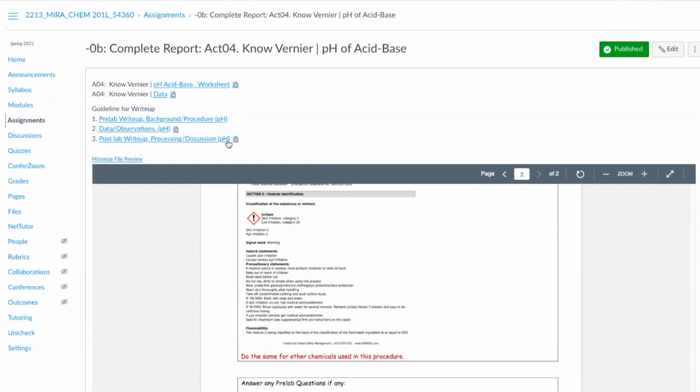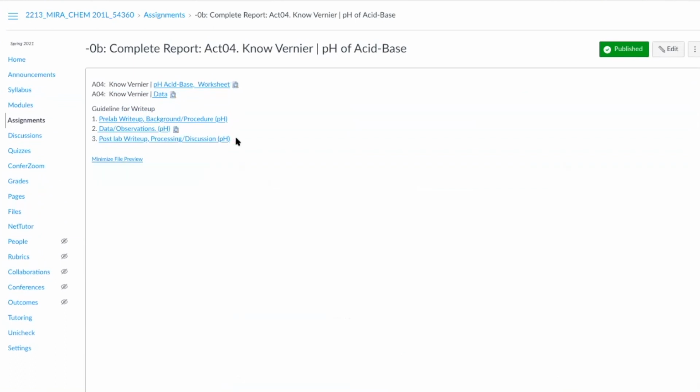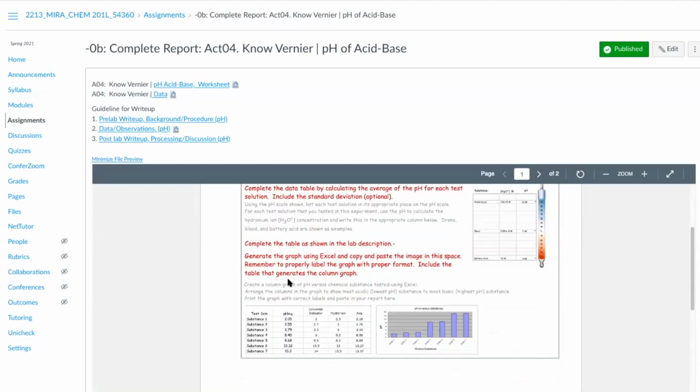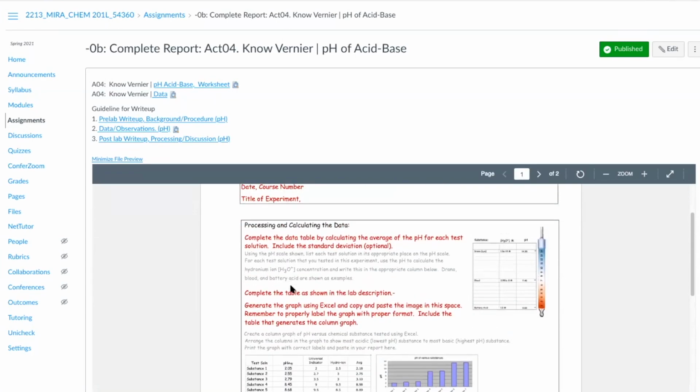So that's basically the data observation. And then if you click here on the processing and then the discussion, I tell you exactly. Again, I use the worksheet as a guide of what to include in processing the data. Here I tell you that you guys have a bunch of data that you've collected.